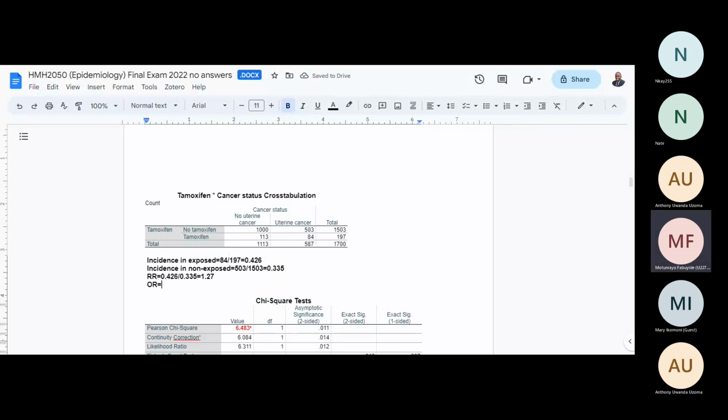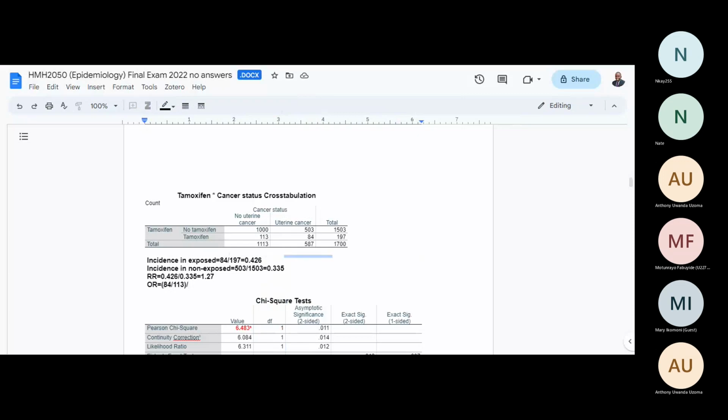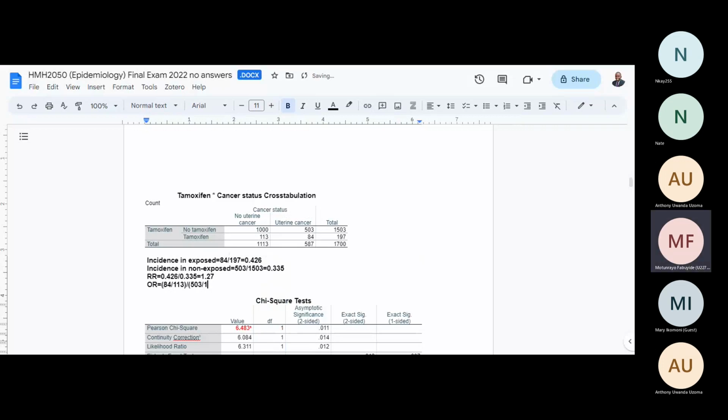Then odds ratio. Odds ratio now is exposed over non-exposed. So 84 over 113, then 0.743, then divided by 503 over 1000.